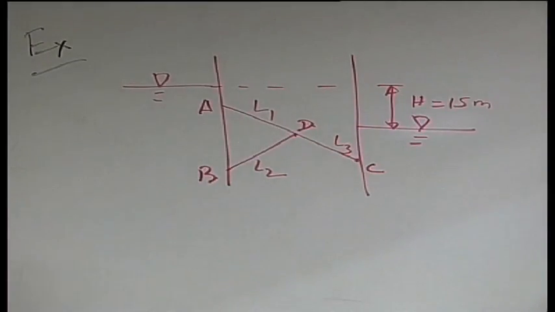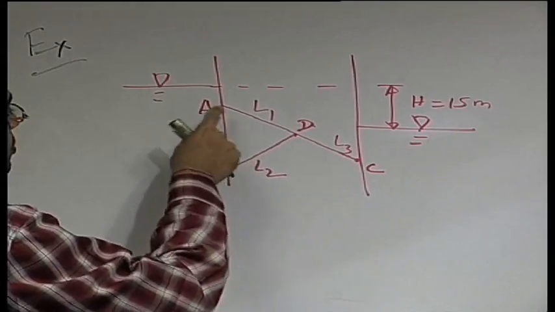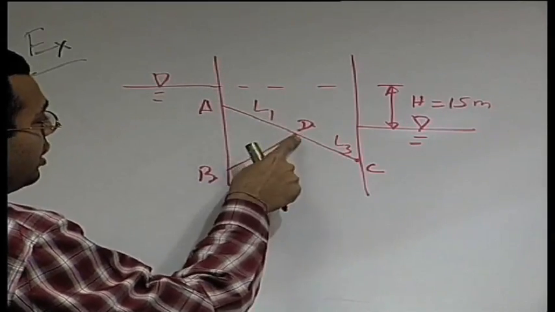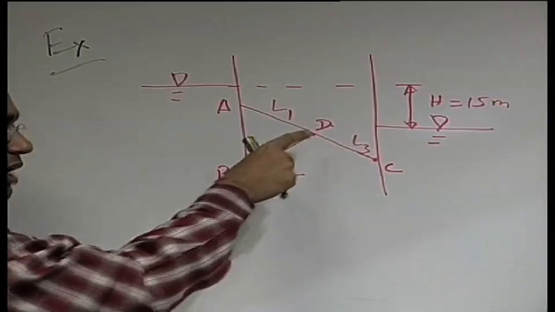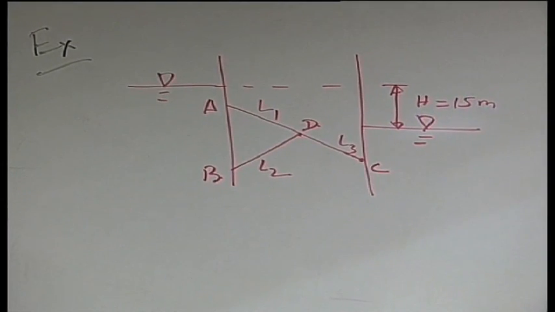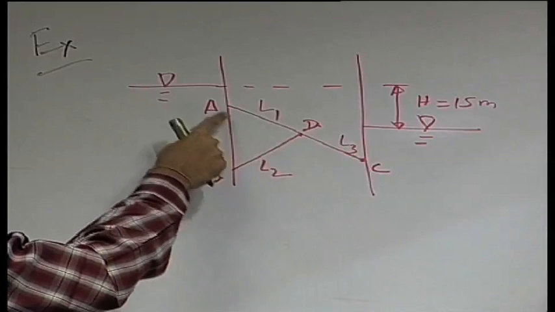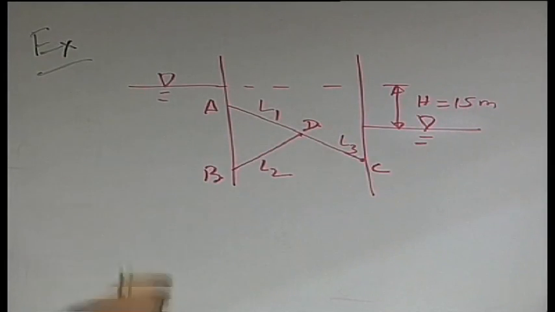The problem statement is like this. You can see that here there are pipes AD, BD and DC. This is just shown by schematic, not to scale. Initially only the part AC was there, there was no branch BD, and the flow rate was 100 liter per second.